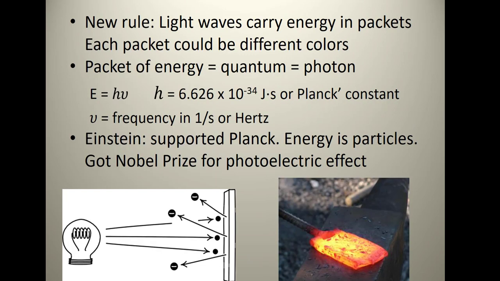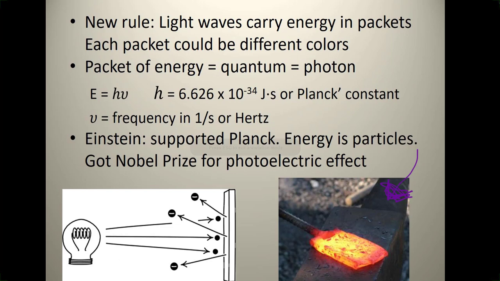He studied what's called black body radiation, and this is a picture right here. This is black body radiation. When you have a piece of metal and you heat it up, it starts glowing, and this is what he studied. He said that light waves carry energy in little packets, and each packet could be different colors.